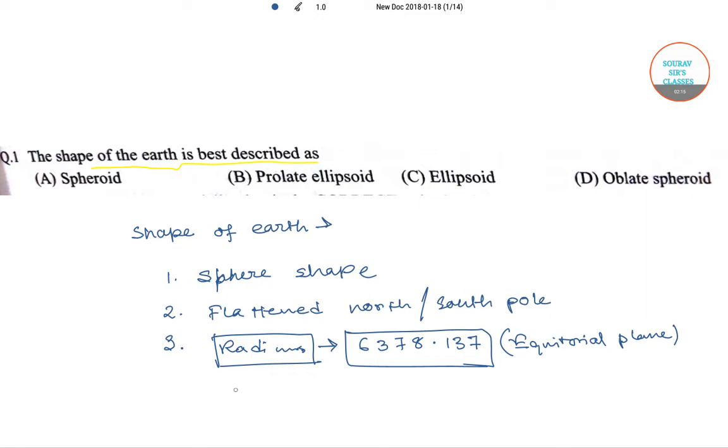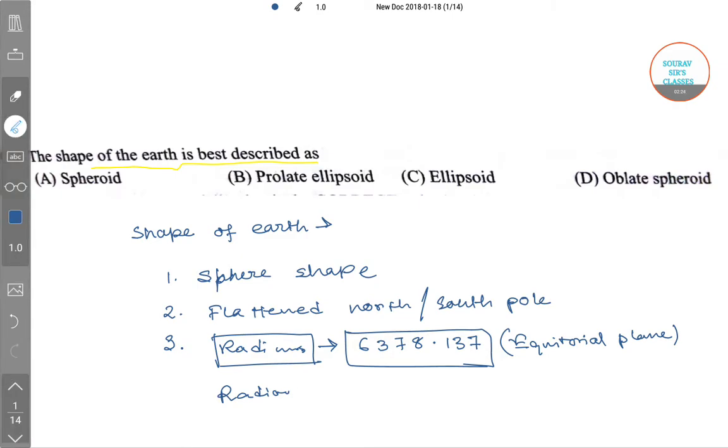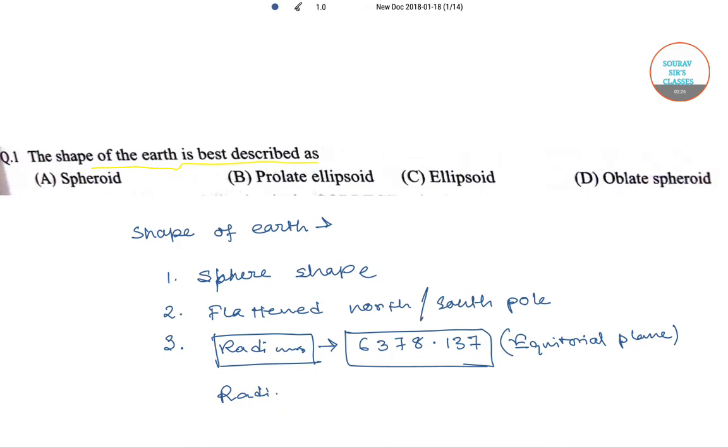Now we can also measure the radius, let me use the eraser, by the polar plane, and by that it will be 6356.2 kilometer. That will also be in kilometer, I forgot to write it.